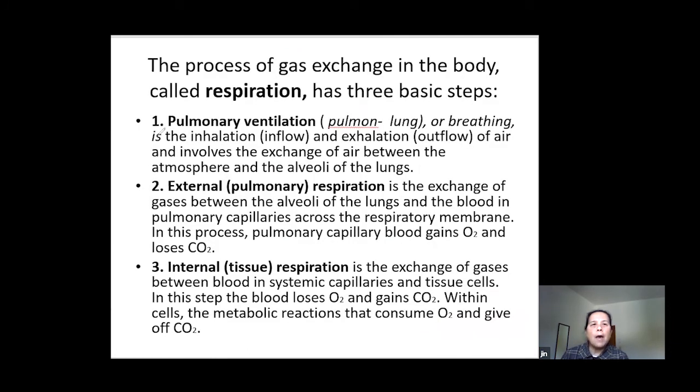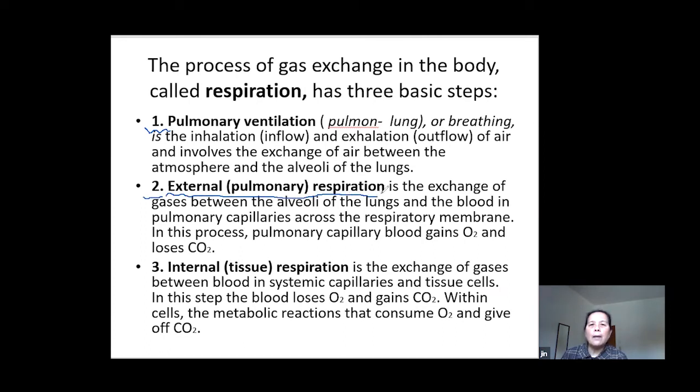The first one, which we just talked about, is air going into the lung, with muscle contractions and the chest cavity changing size, so pressure changes and then the air moves. The second one we call external or pulmonary respiration.